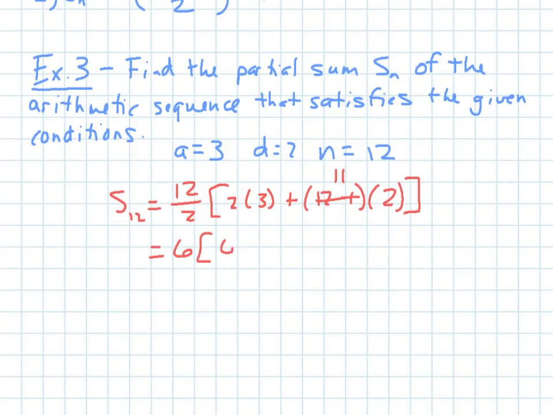So 2 times 3 is 6. Plus 11 times 2 is 22. 6 plus 22 is going to be 28. And then 6 times 28 should be 168. And that would be my partial sum for the first 12 terms in my sequence.